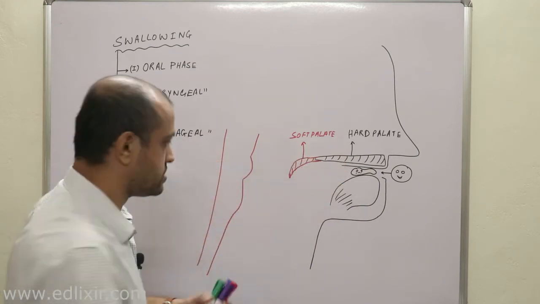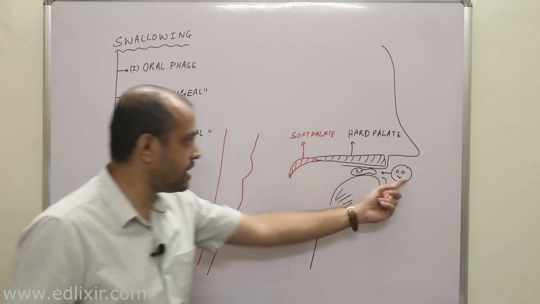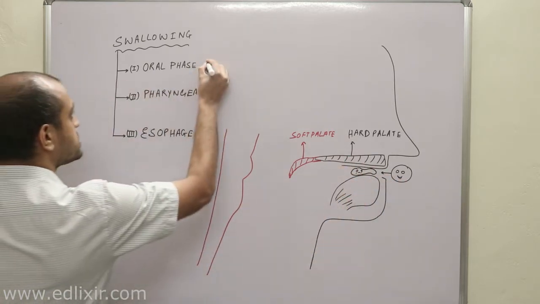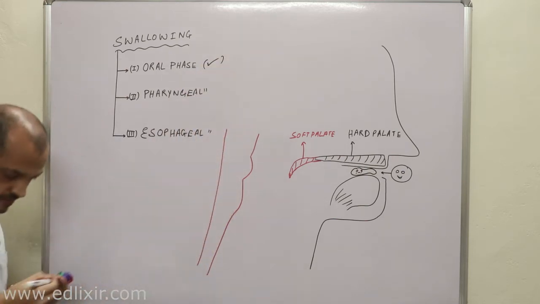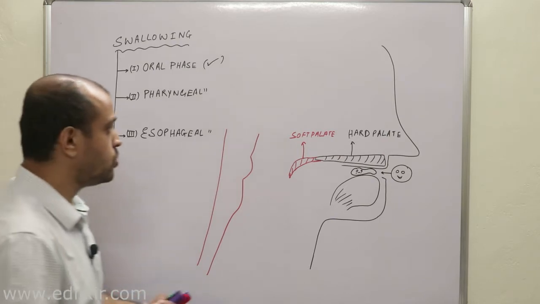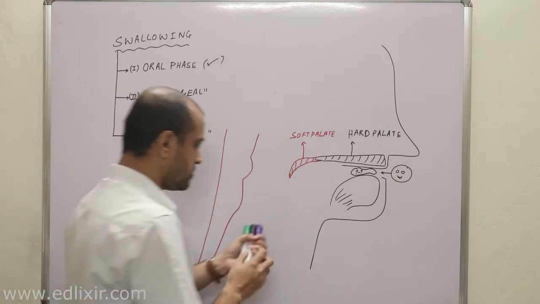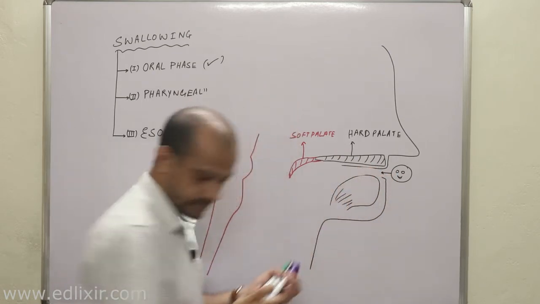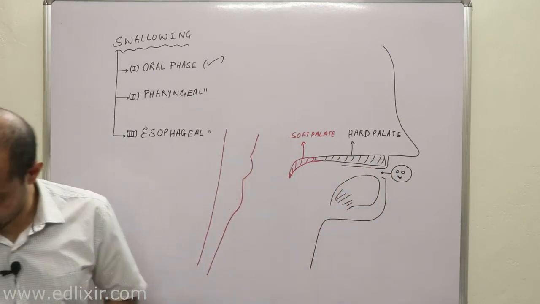Okay. Now listen. Whenever food enters this particular position, then only oral phase starts. Okay. Clear? Then only your oral phase starts. Now this is your food bolus. Okay, let me draw the food bolus with another color so that you can understand well.